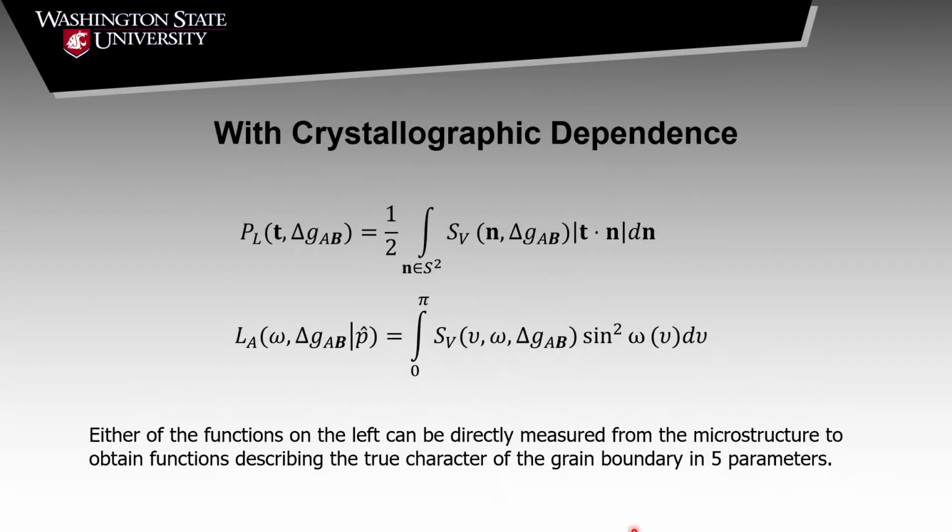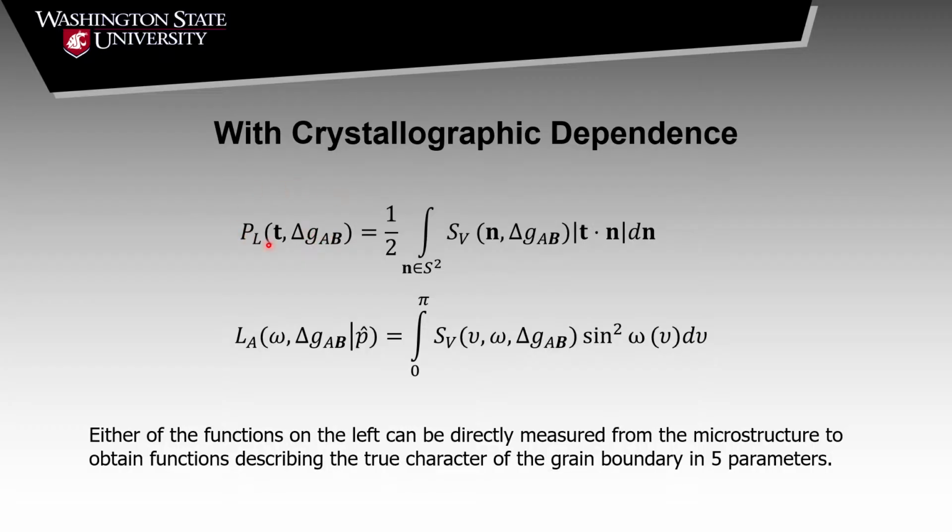And then I can add crystallographic dependence. Right, so the equation I showed you before was just this equation without this delta G. Now I can add the delta G in, or I can add GA and GB independently. And I say, okay, I have this many intercepts of a grain boundary that has this specific misorientation. So now this is a 5-parameter space.